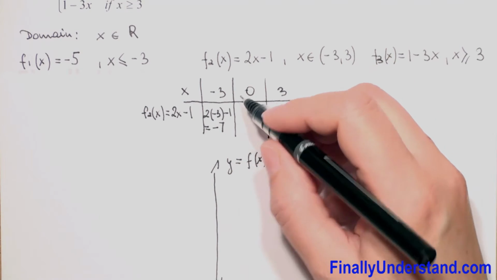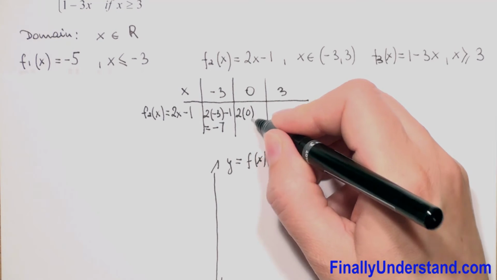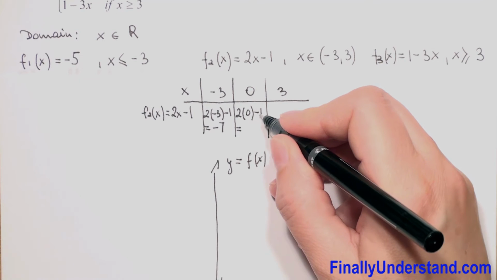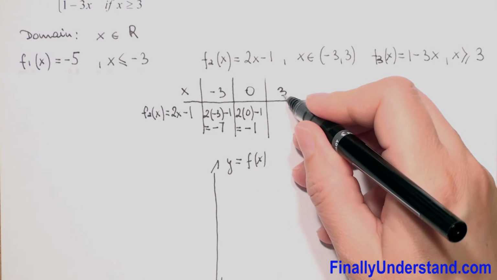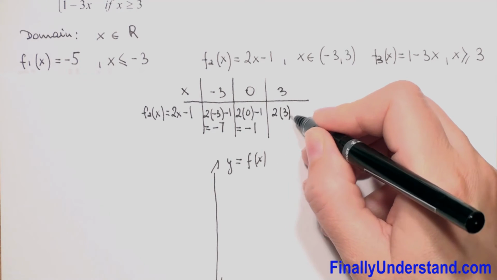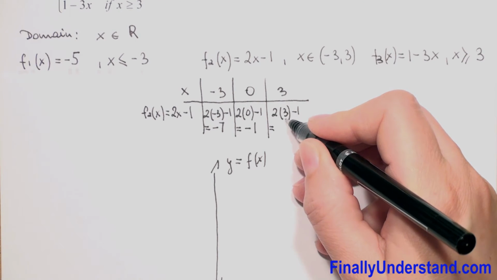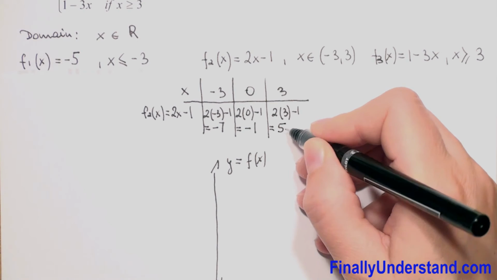Now we will replace x by 0. So will be 2 times 0 minus 1. This is equal, 2 times 0 is 0, minus 1 is minus 1. Now we will replace x by 3. So it will be 2 times 3 minus 1. This is equal, 2 times 3 is 6, minus 1 will be 5.